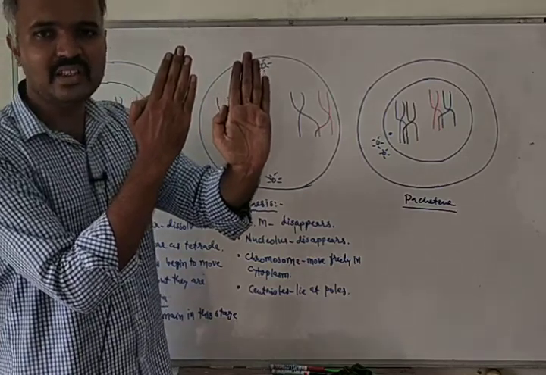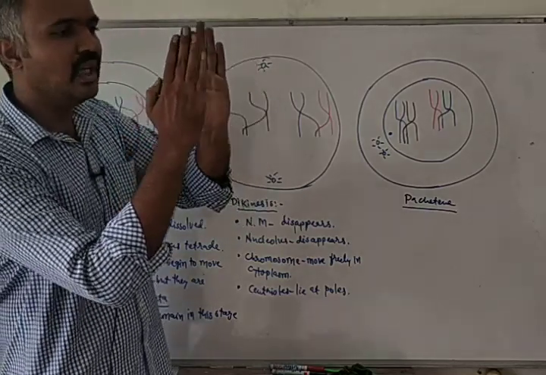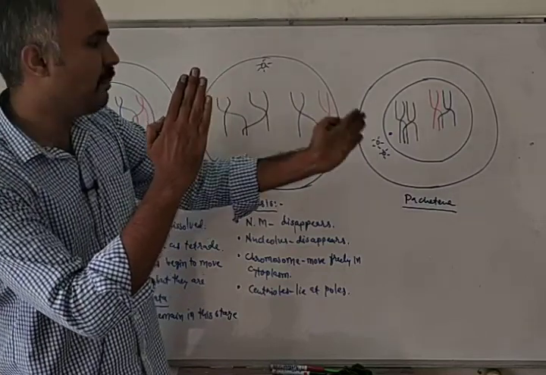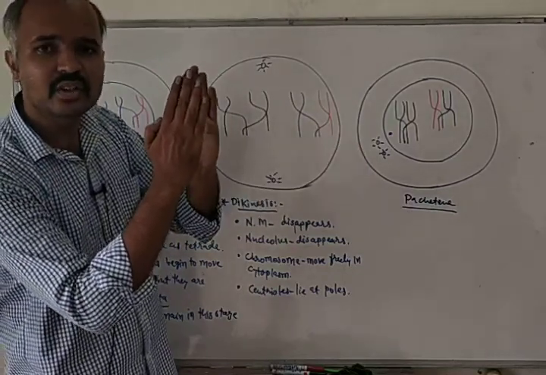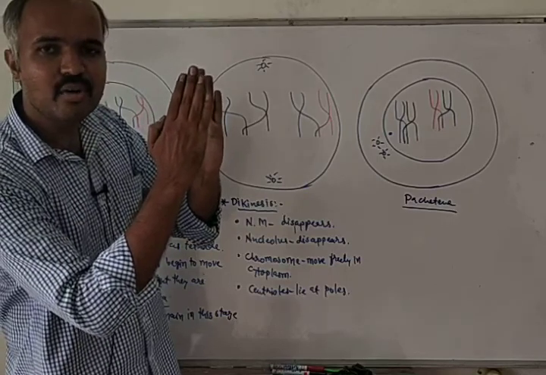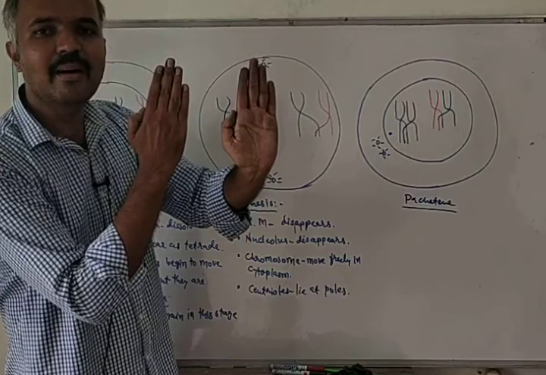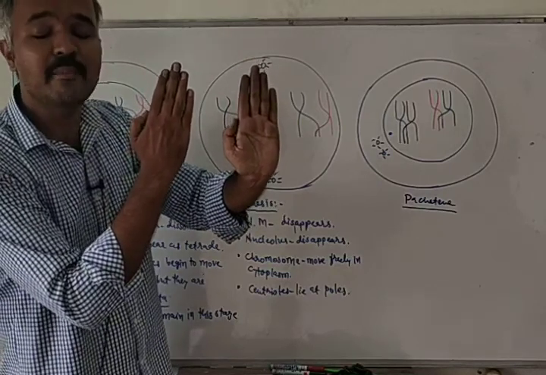Initially we could just see the bivalent during the pachytene stage. Now we can see tetrads during the diplotene stage.